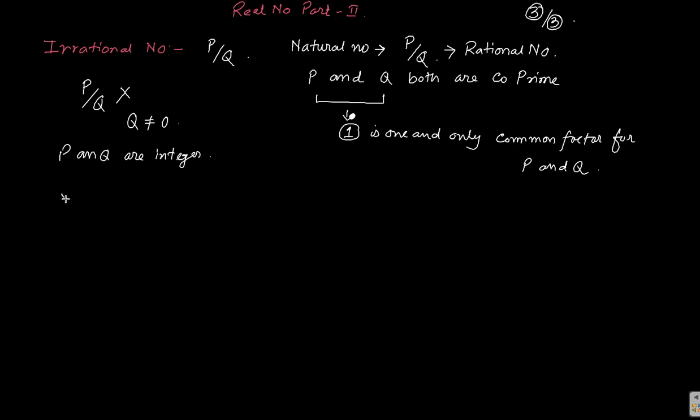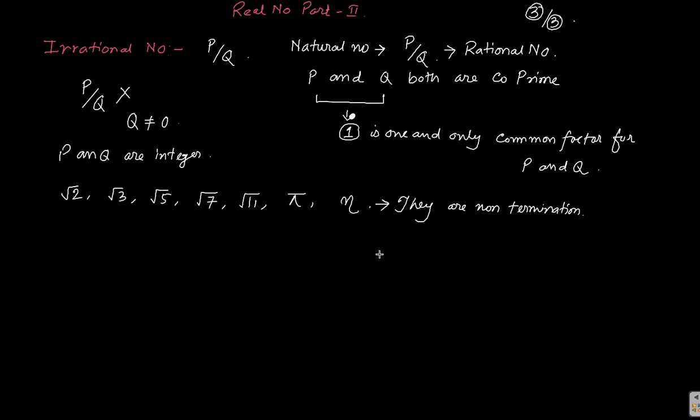For example, root 2, root 3, root 5, root 7, root 11, pi, Avogadro number, all these are irrational numbers. And one thing you have to remember is that they are non-terminating.